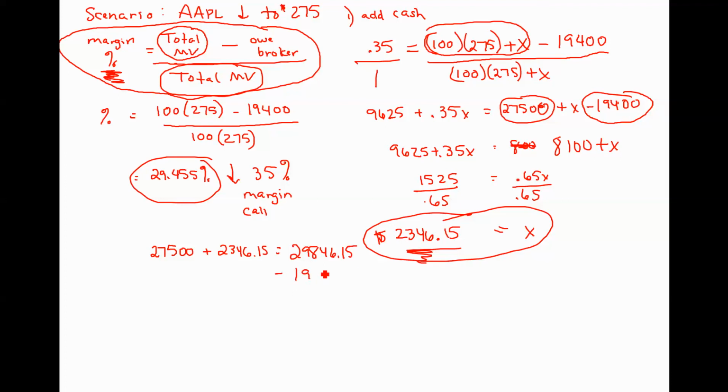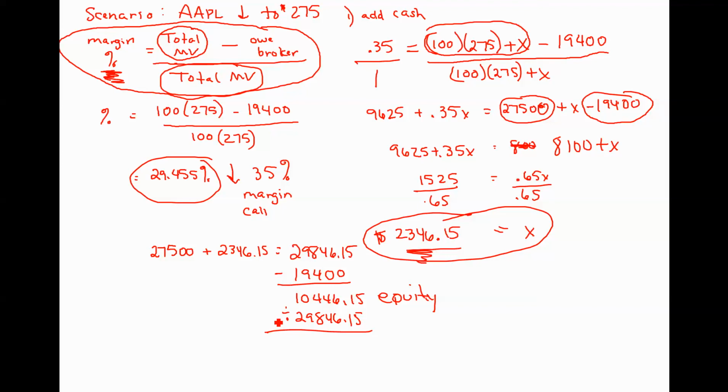My debt is the 19,400. So my equity is the difference of 10,446.15. Expressing that as a percentage of the 29,846.15.